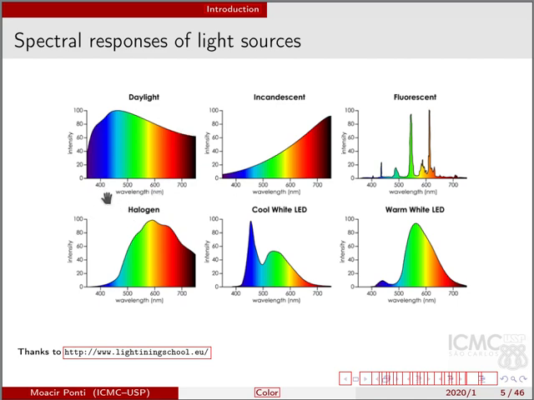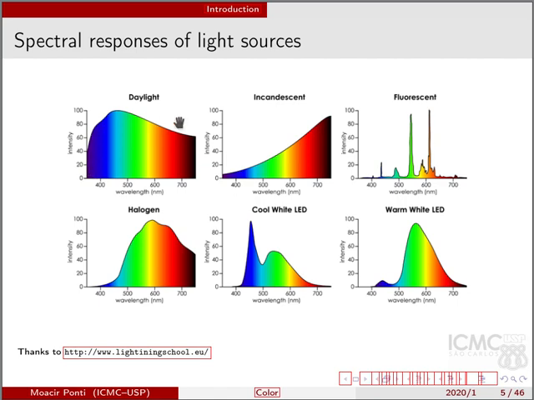Its response will change for the different wavelengths, so it is not uniform. The sunlight will, for example, have a response that is greater for wavelengths around the cyan and green than for deep blue or violet, for instance.